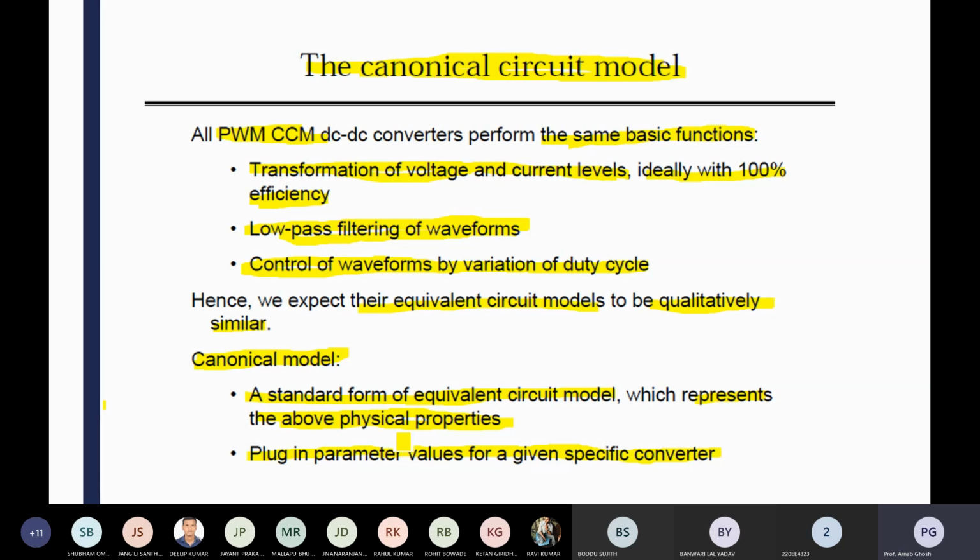Efficiency is power output by power input, and power input means power output plus P loss, the power losses. If you reduce the power losses, you can increase the efficiency. That's why you can increase the switching frequency.